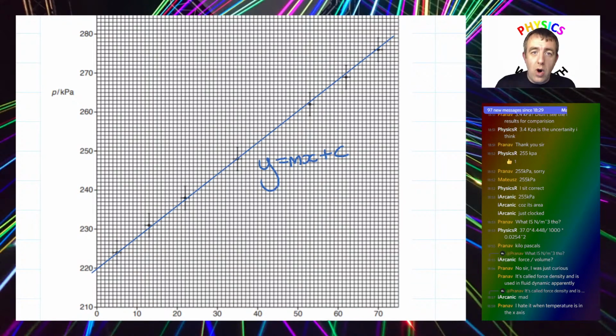And what we want is the value that x takes when y equals 0. We want to calculate what x equals when y equals 0. When there's 0 pressure. That was part of our definition of absolute zero. In order to calculate that, we have to know what the gradient is.